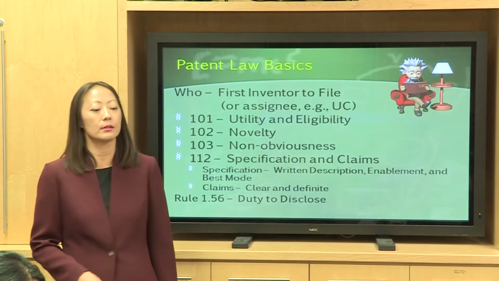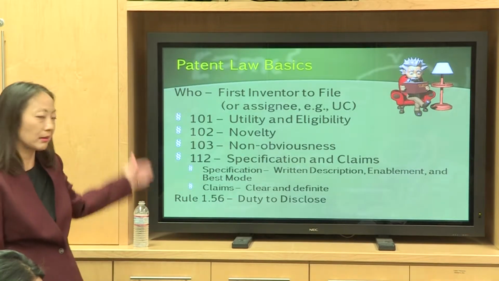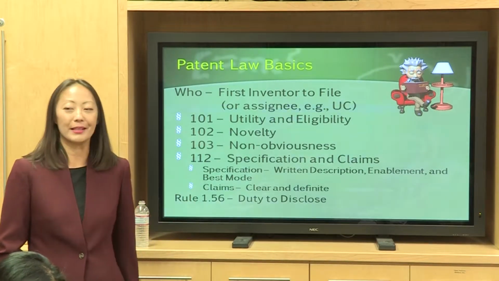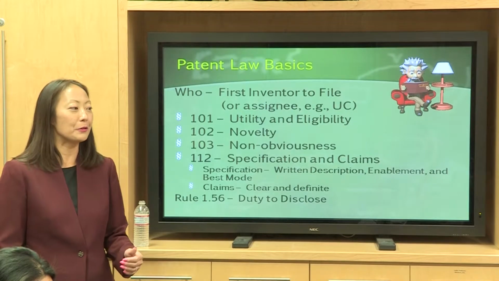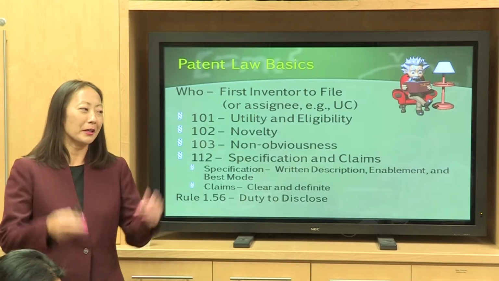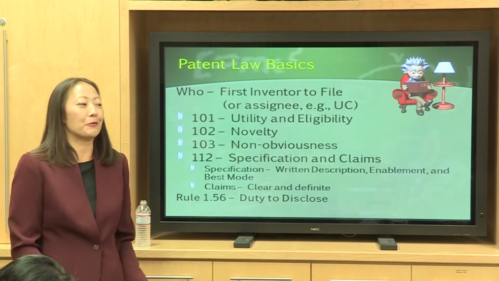They have great resources. So I put down the section numbers right along the side of these little patent law basics, because I'm sure many of you who have worked with patent attorneys, the patent attorneys start talking about, oh, section 101, section 102, and you're thinking, what is this?